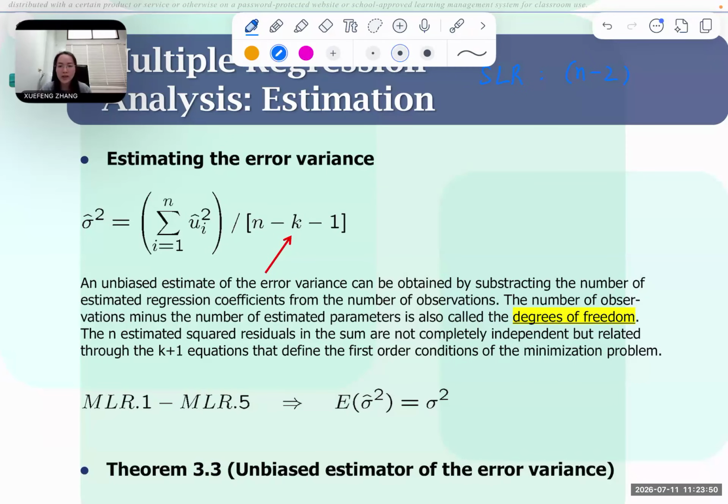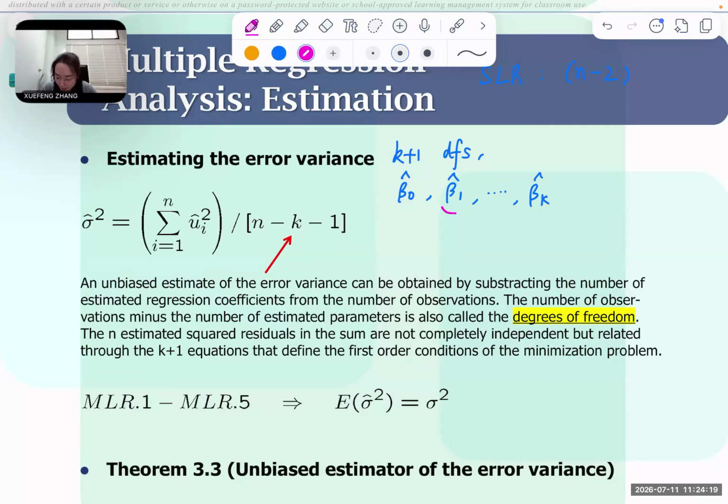So why do we subtract k plus 1? Because we used up k plus 1 degrees of freedom, estimating beta 0 hat, beta 1 hat, all the way through to beta k hat.